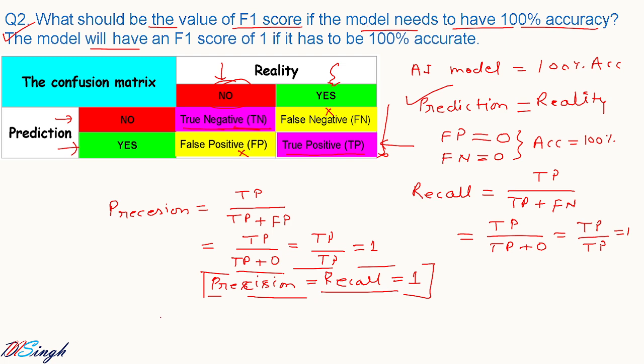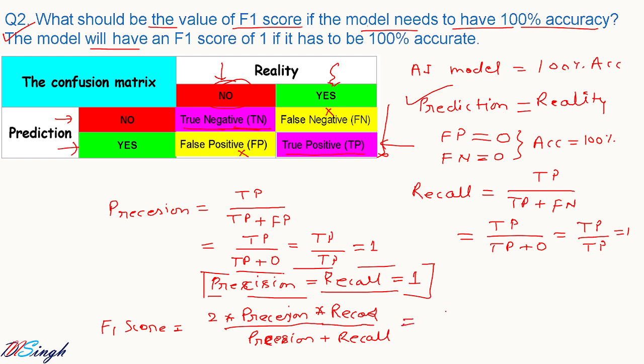Now you write the formula for F1 score. The F1 score formula is 2 into precision into recall, and in the denominator you have precision plus recall.